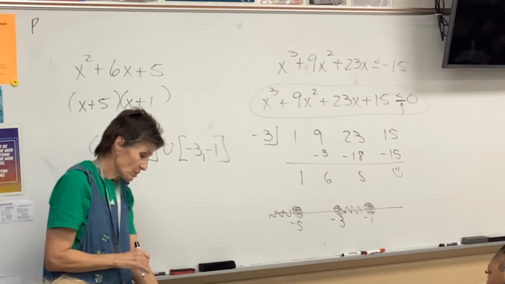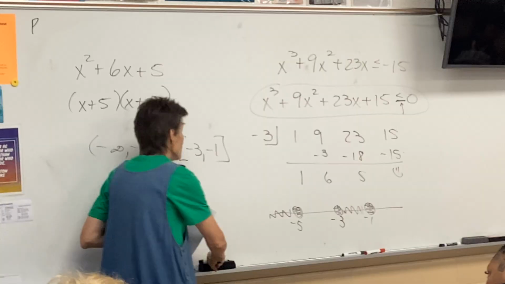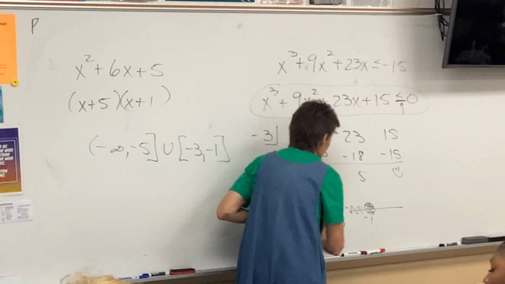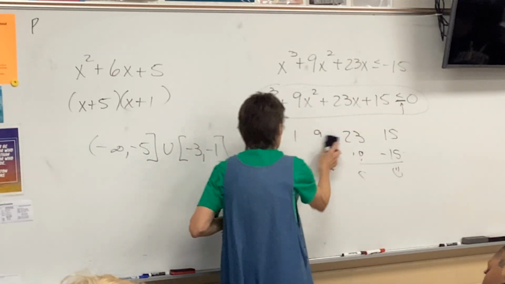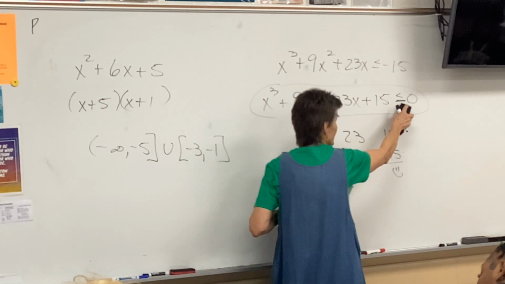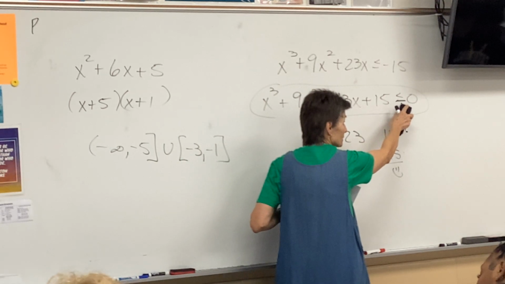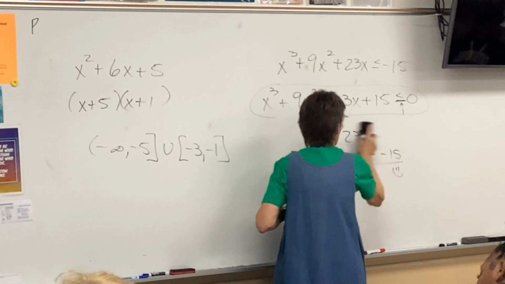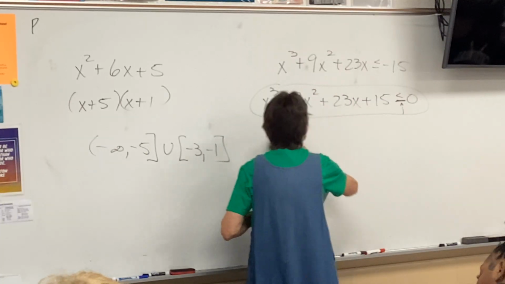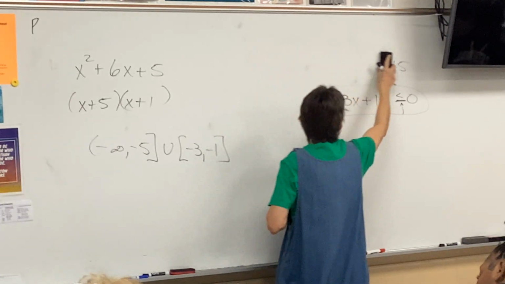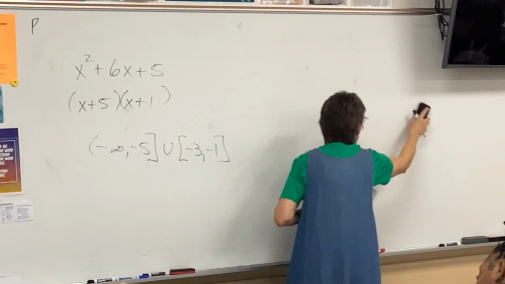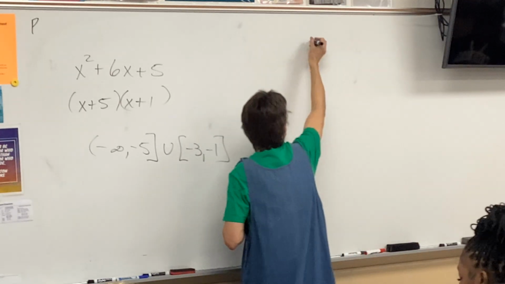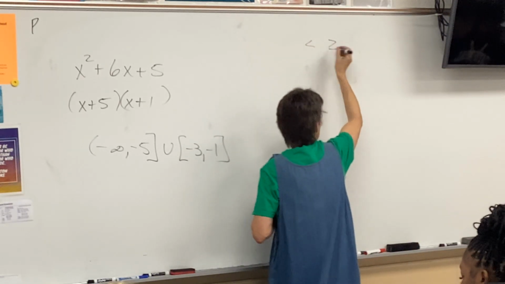All right, let's look at the next one. Now, notice the next one does not have an inequality. So that means we will not do a number line. We only do a number line when we see things like this, right?